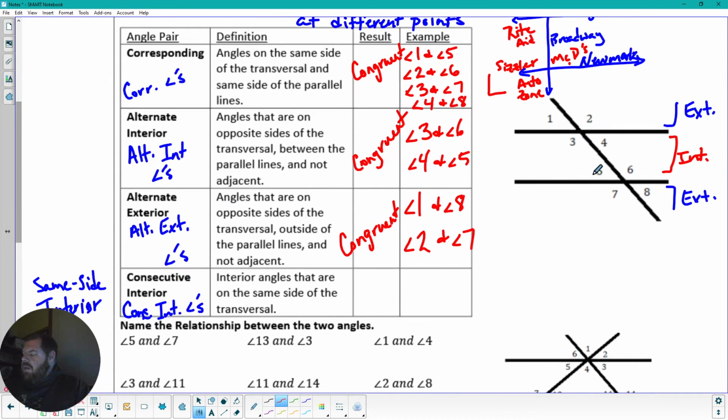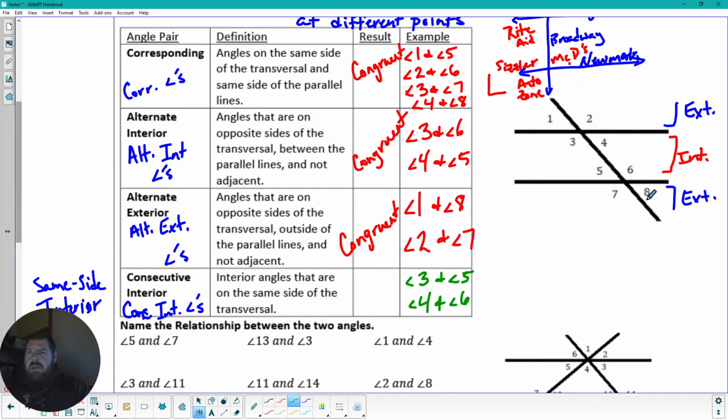Now, this one's a little bit different because we're looking still interior, and we're looking on the same side of the transversal, so we're going to have angle 3 and angle 5, and also angles 4 and 6. Now the question is, how are these related? They're the first and only ones where those two angles are not the same.